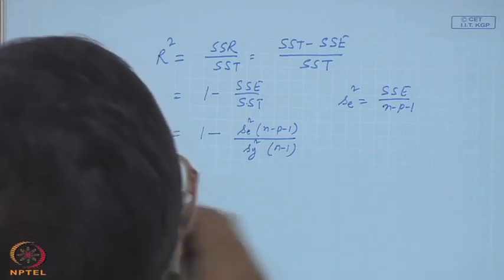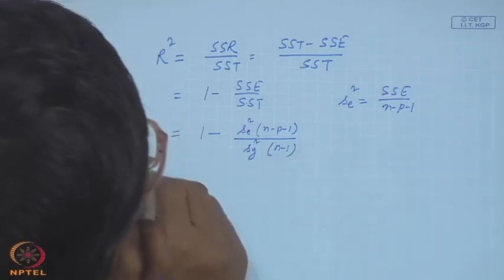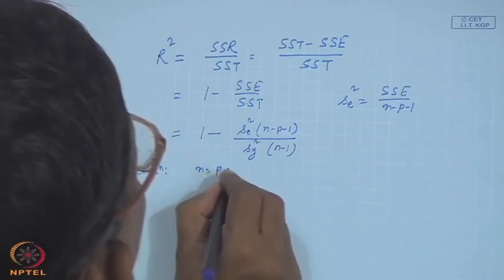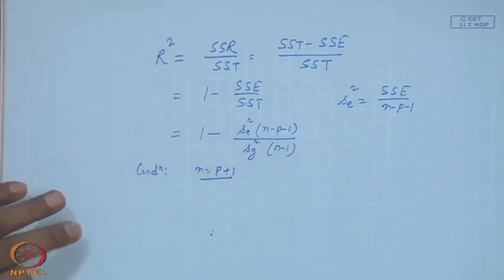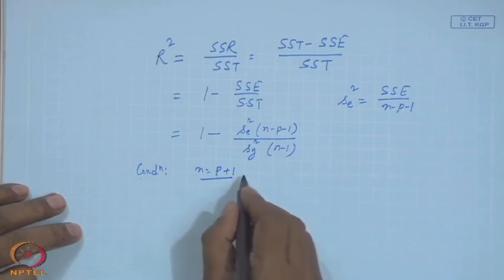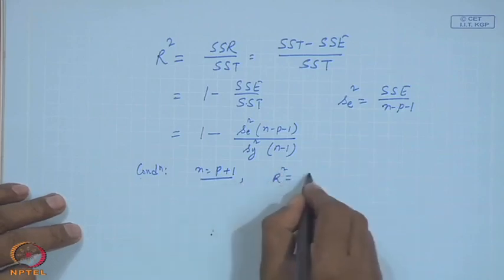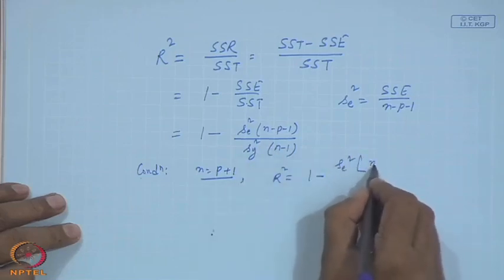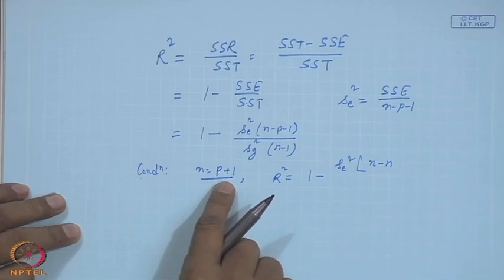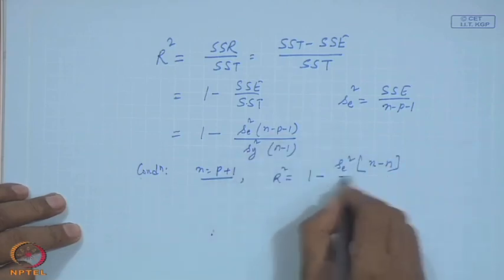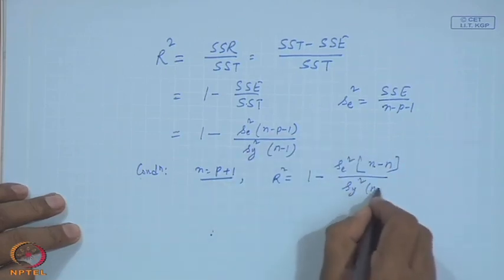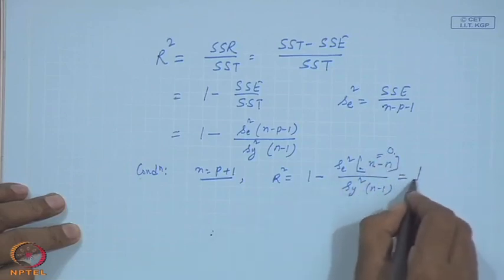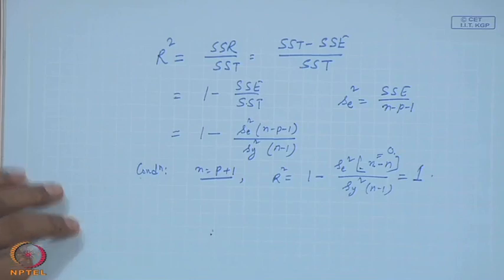Now, the condition is like this: n equal to p plus 1. What will be the value of R square? 1 minus SE square into n minus n, because n equals p plus 1, divided by SY square into n minus 1; this is 0. So, it is 1. This is the limiting condition.